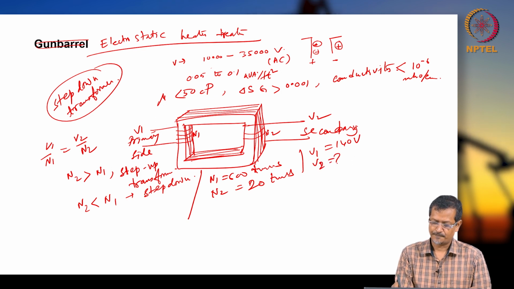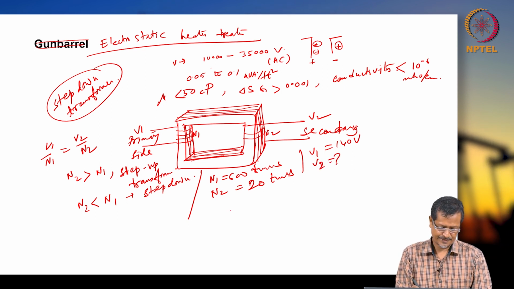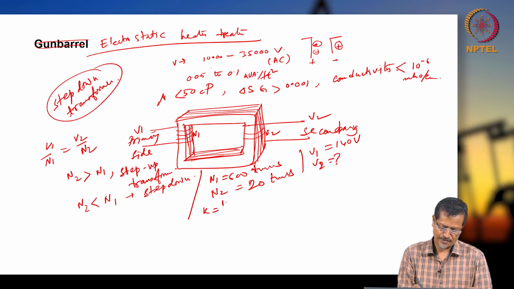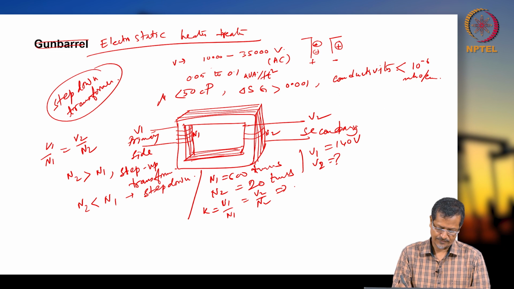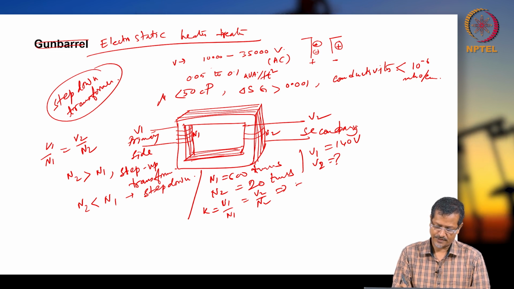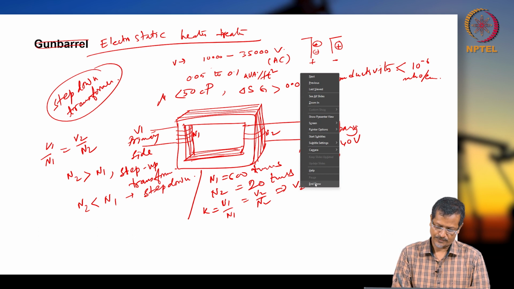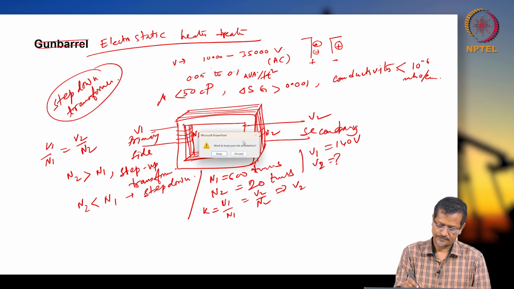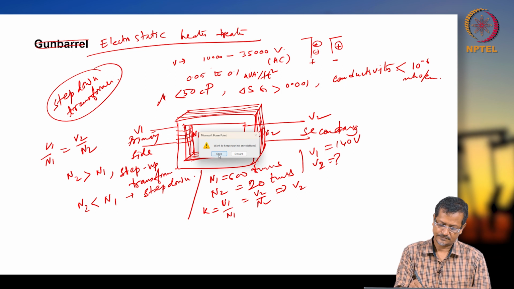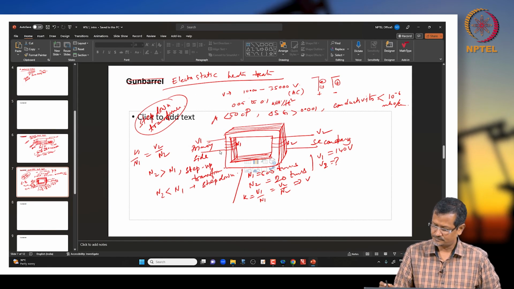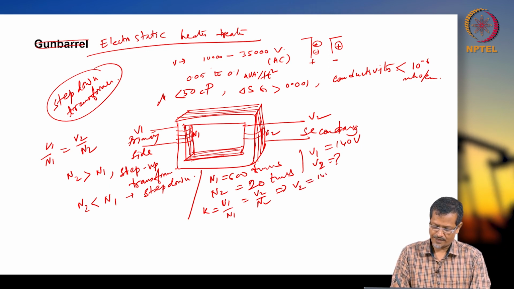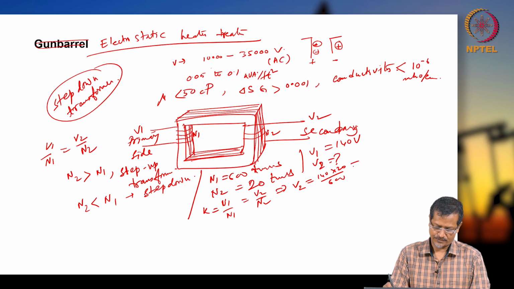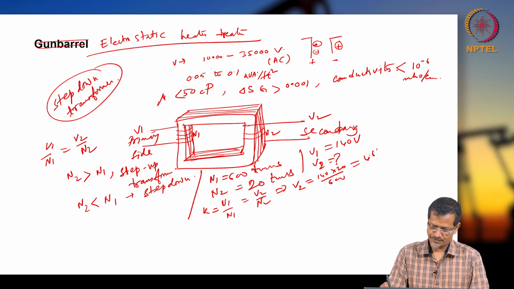What will be V2? A simple formula you can apply: K equals E1 by N1 equals E2 by N2; instead of E you can write V. So V2 equals 140 into 20 divided by 600 equals 4.6 volt.